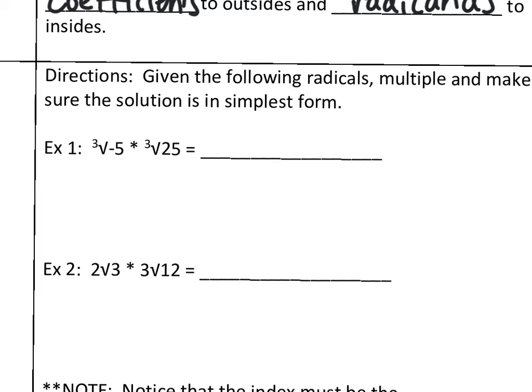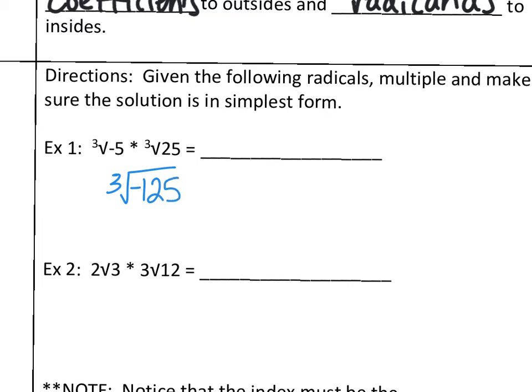Multiplying my coefficients first, what is 1 times 1? That's just 1, so I don't have to write it. Now I'm going to multiply the insides: negative 5 times 25 is negative 125. So this becomes the cubed root of negative 125.